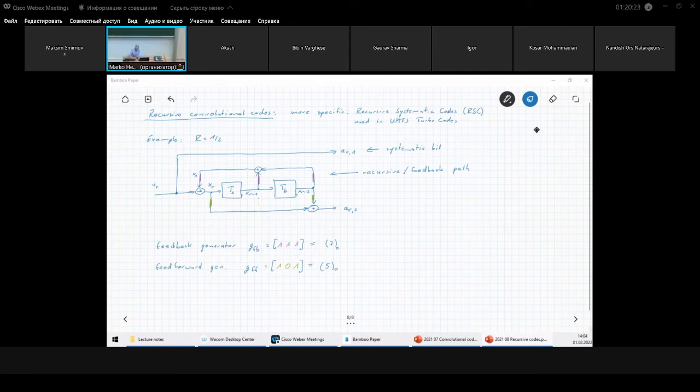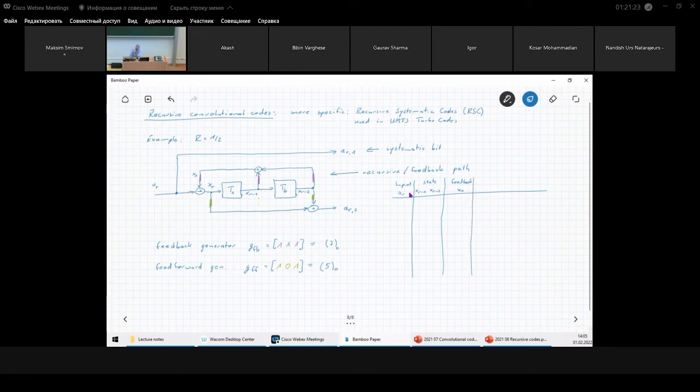We will need the input bit, x(r minus 1), x(r minus 2), x1.